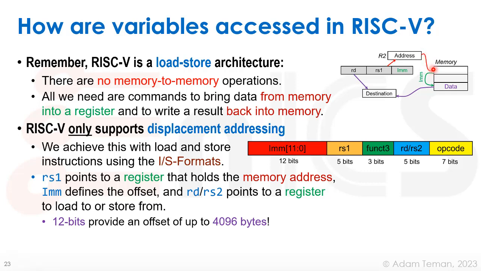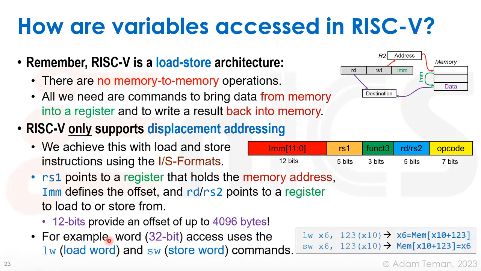So this can be a starting point, and then we can jump from there quite a long way because we have 12 bits over here, which is 4,096 bytes, which we can jump from that place forward, backwards, and so forth. So we can reach a lot of memory around a certain starting point that we store inside a register. And then RS2 or RD is going to point to another register, which we can either take data from or use as a destination, as we'll see in a second.